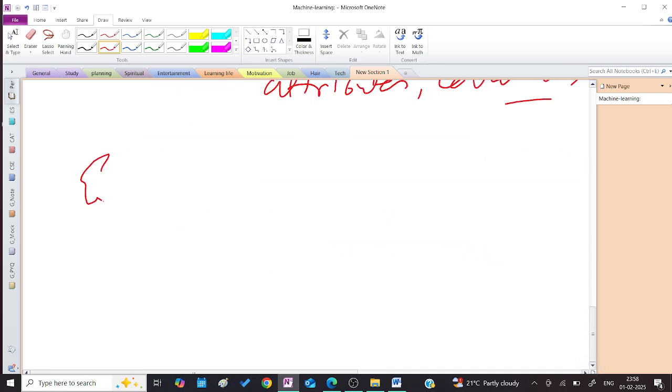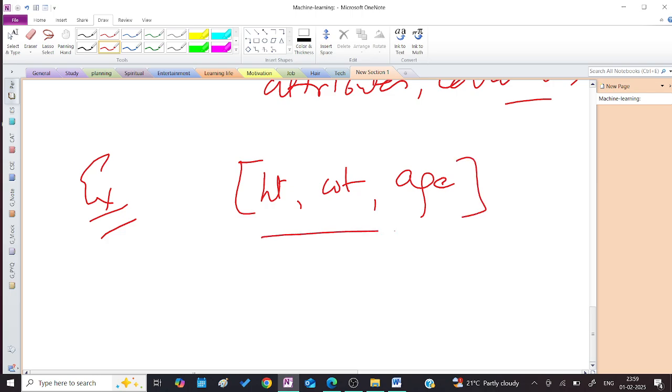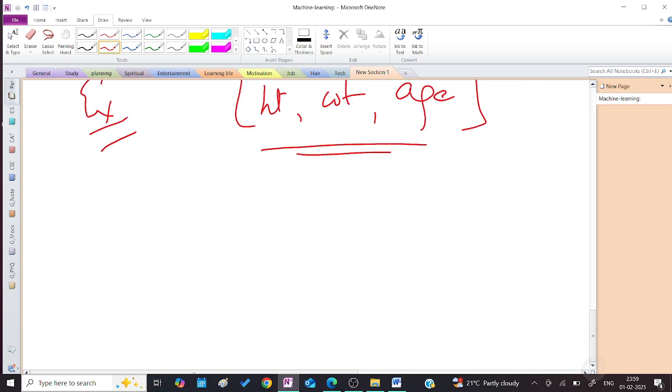Example, suppose for a human being, his height, his weight, his age, all these things can be considered as his features.